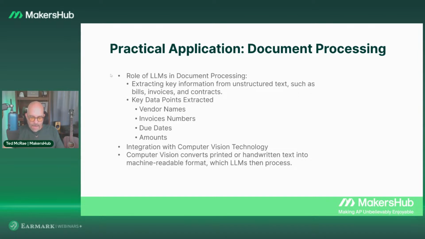It takes every single bit of data that it sees, then uses its tokenization and the context within it to put it together and give us structured text. So it can understand what the vendor names are based on the context in there, not because it's pre-programmed to know that, but because it's learned and understands what invoice number means, what due dates mean, and everything else in that bill. And we're going to take a look at what that looks like.